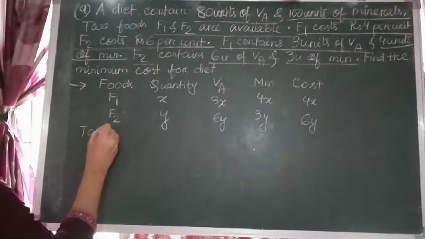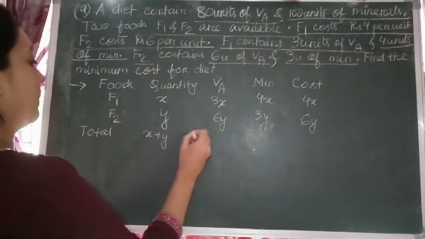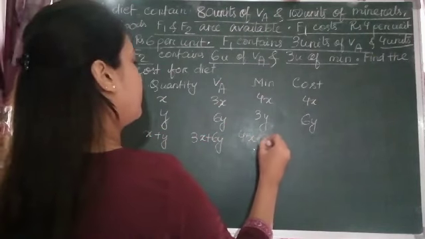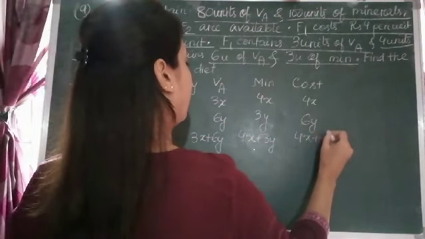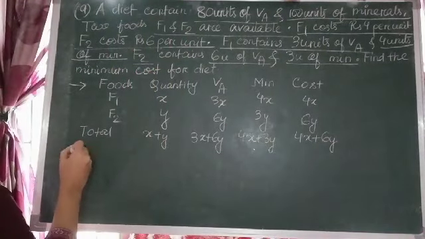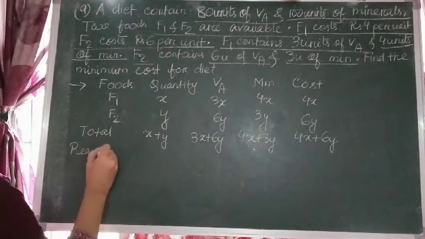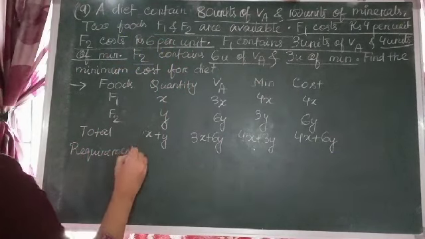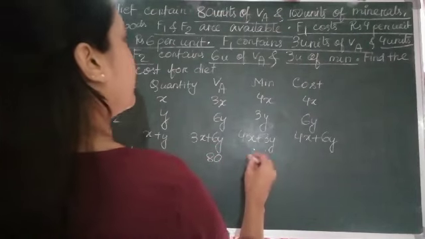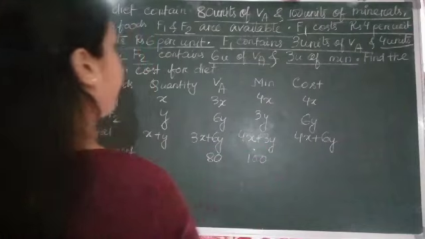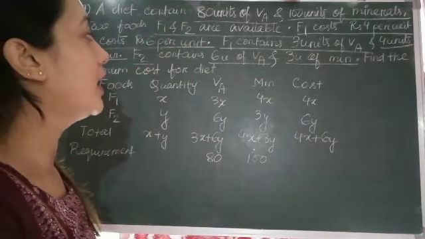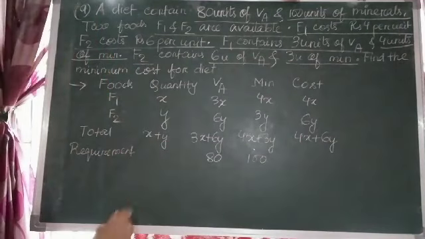The requirement is 80 units of vitamin A and 100 units of minerals. That means the diet should contain at least 80 units of vitamin A and 100 units of minerals.